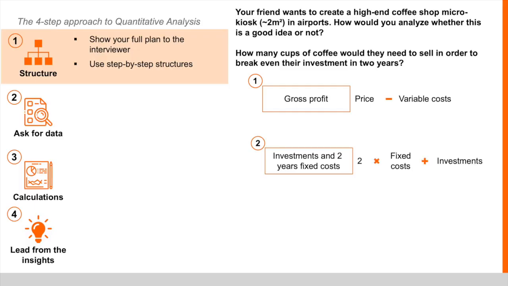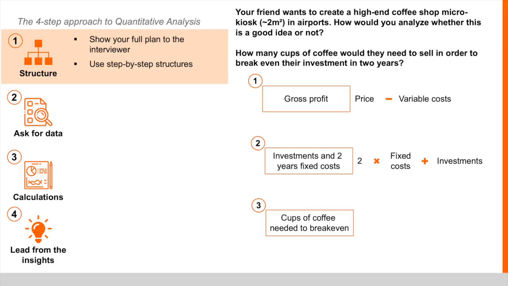And this is my step 2, getting to total fixed costs and investments in 2 years. And then my step 3 is going to be finding how many of these tiny bits of profit I need in order to cover those costs and investment. So that's step 3, actually getting to the number of cups of coffee that I need to sell. Okay, so this is my structure.